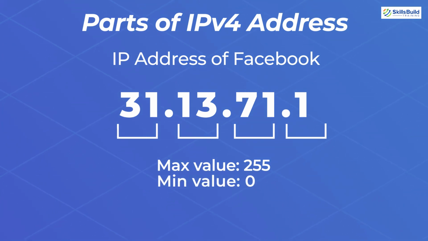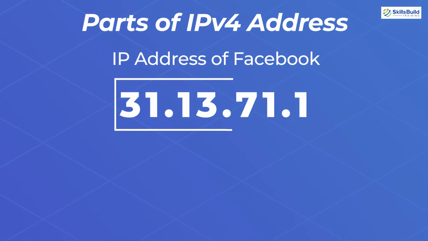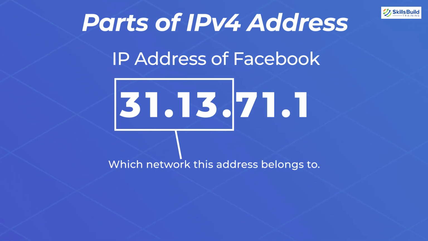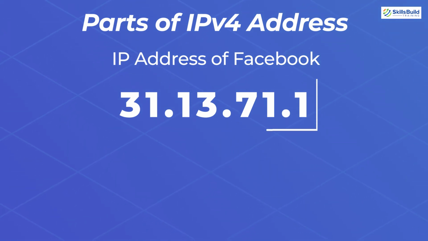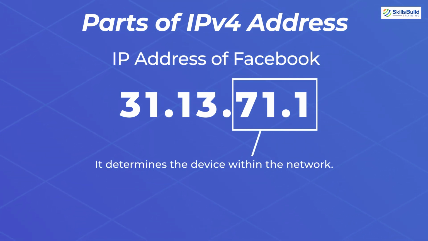These 4 parts are further divided into 2 groups. The first 2 parts define to which network this address belongs. In Facebook's IP address, 31 and 13 will determine which network this IP address belongs to. The second part in an IP address determines the device within the network.